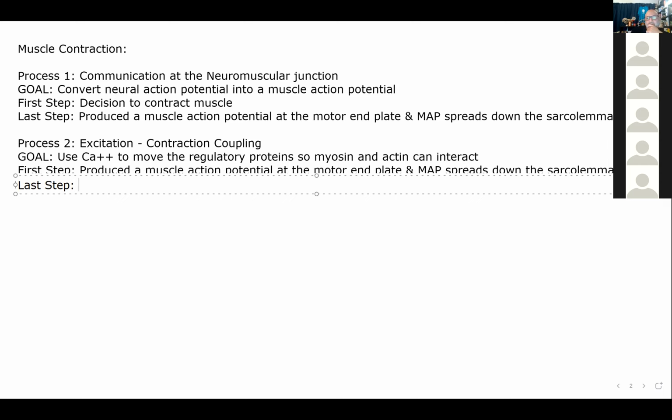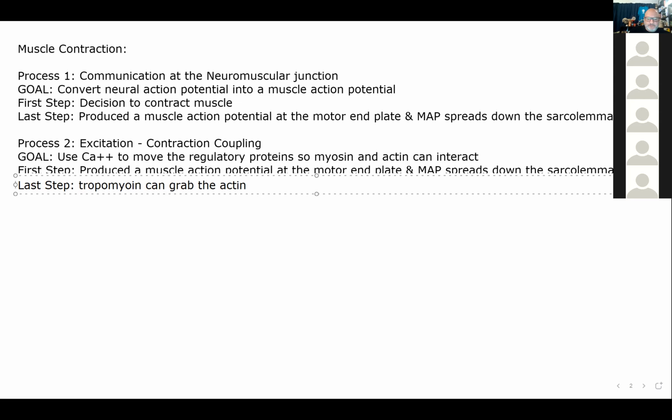Myosin can grab the actin and start the contraction. Okay, but why? Because it starts with calcium, I guess, binding. True, yeah. So we use the calcium. Remember, our goal was to move the regulatory proteins. So what was the last thing that happened?